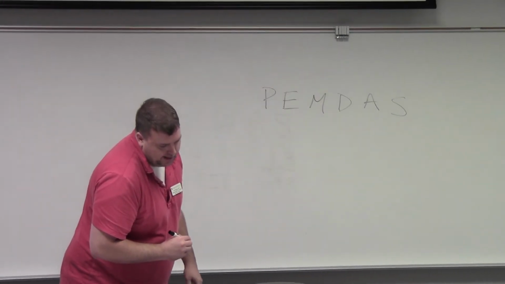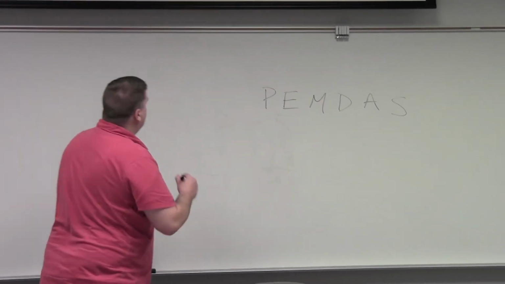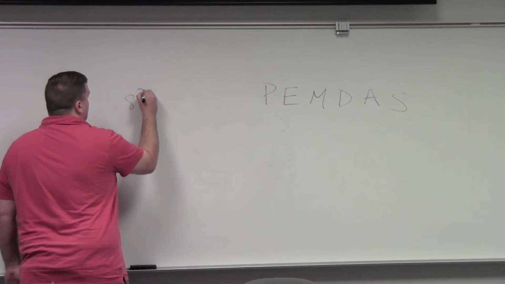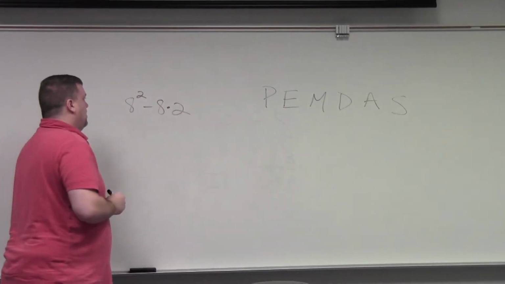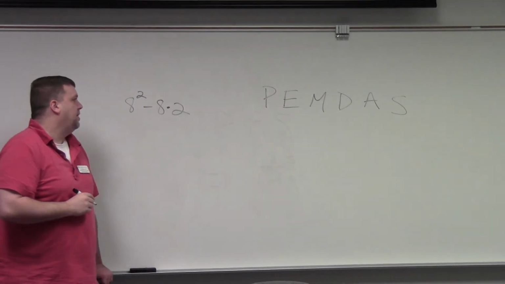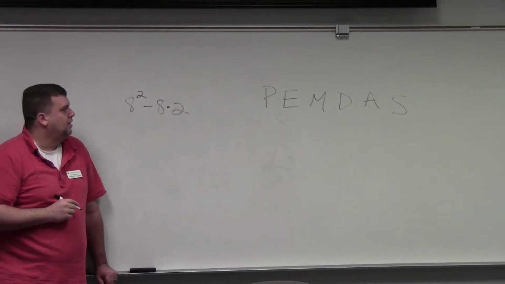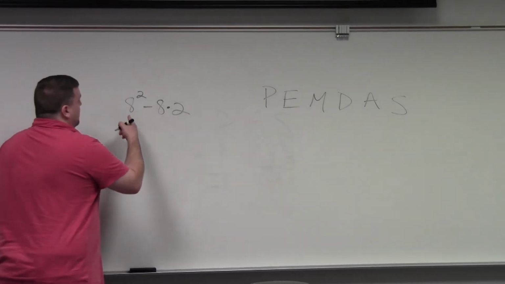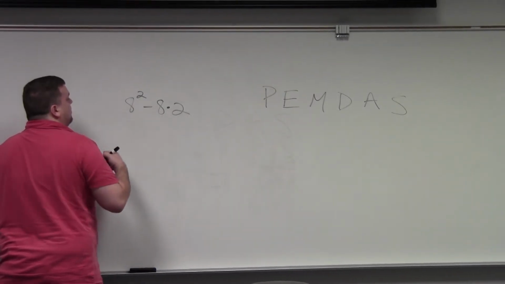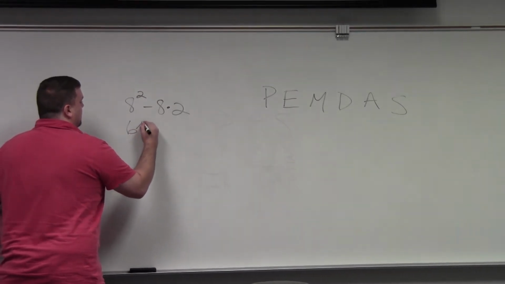Everybody good to go on that one? Next one says 8 squared minus 8 times 2. So going in order here, do we have any parentheses to worry about? No. Do we have any exponents? Yes, we have to take care of that first. So what's 8 to the second power? 64.